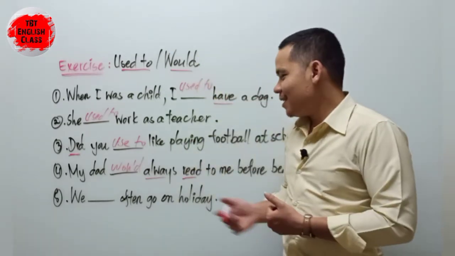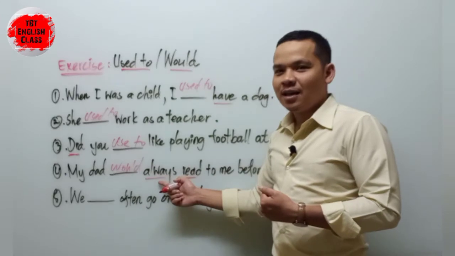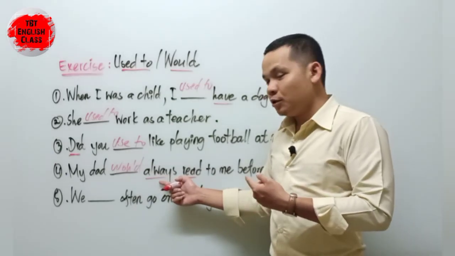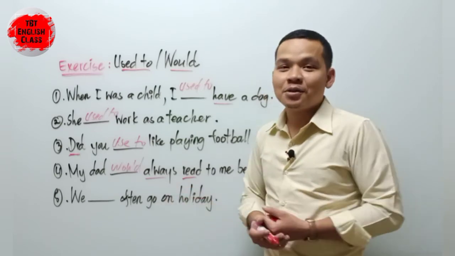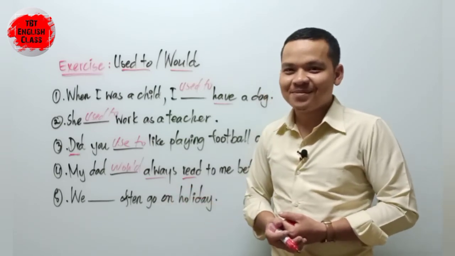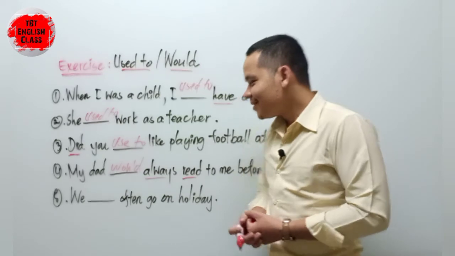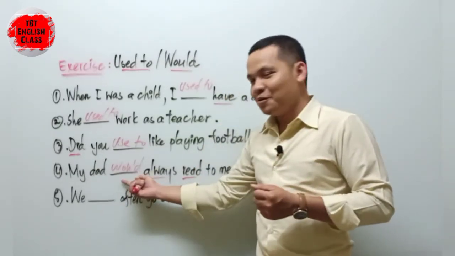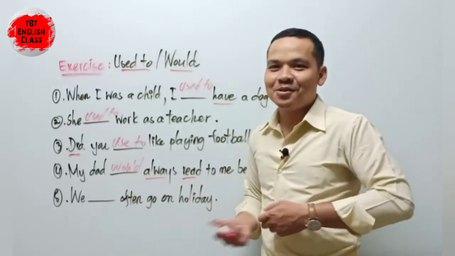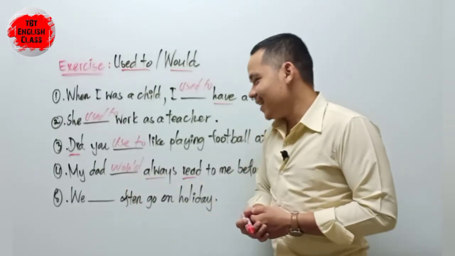Okay, so when you see an action like a habit used with an adverb of frequency like this, I guide you to use would, it is better than used to. Okay, but it's not wrong. Remember, it's not wrong. But I just say that would is better than used to.